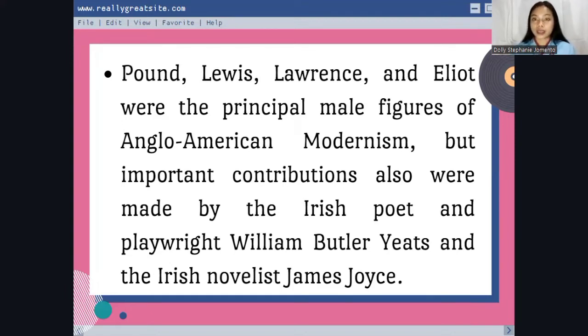Now, from 1908 to 1914, there was a remarkably productive period of innovation and experiment as novelists and poets undertook, in anthologies and magazines, to challenge the literary conventions, not just of the recent past, but of the entire post-Romantic era.